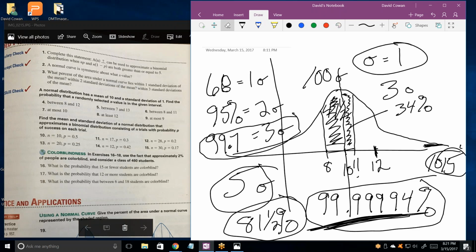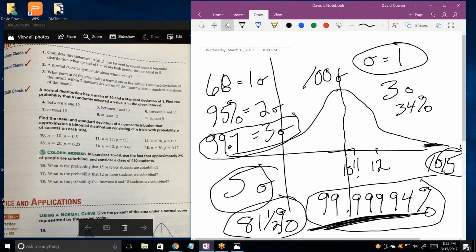This 8 and 11 was not symmetrical about 10, so I had to do it in 2 parts. And when you do it in 2 parts, just remember everything's in half. This whole area over there is 1/2. So is this. The total area under the curve is 1. So what's the next one?